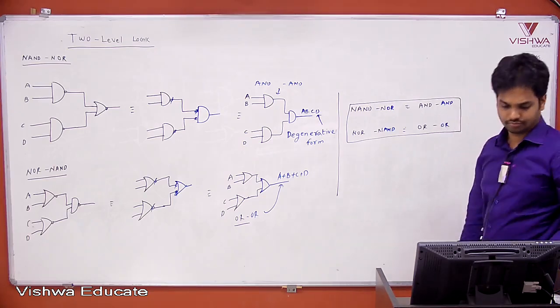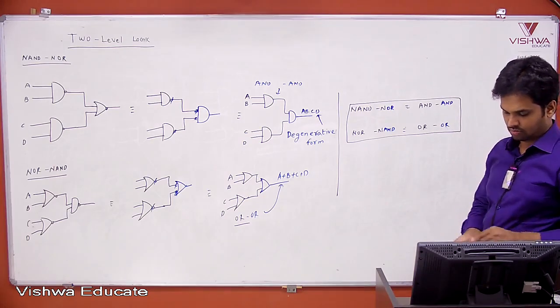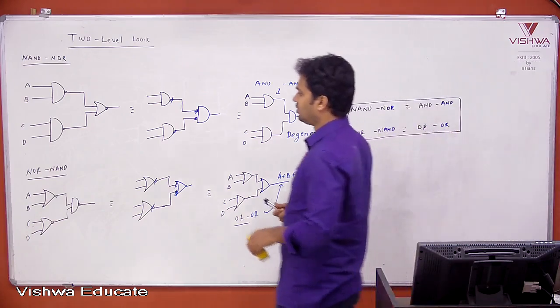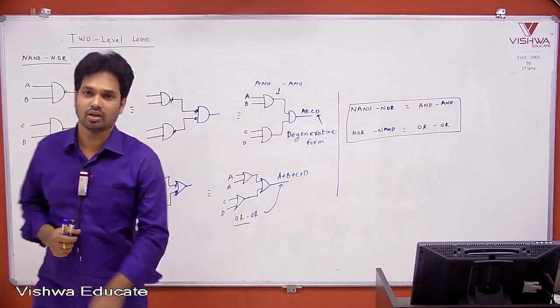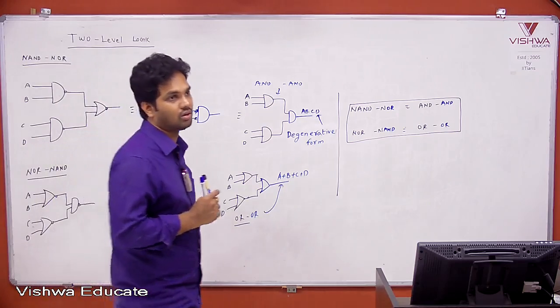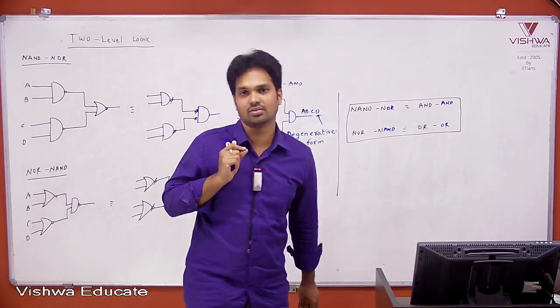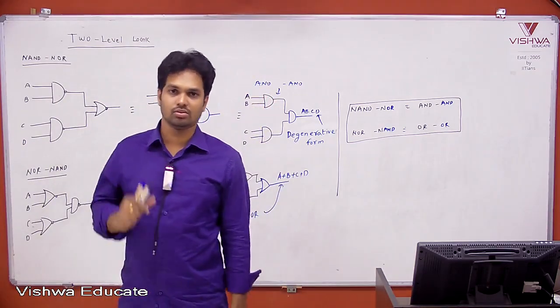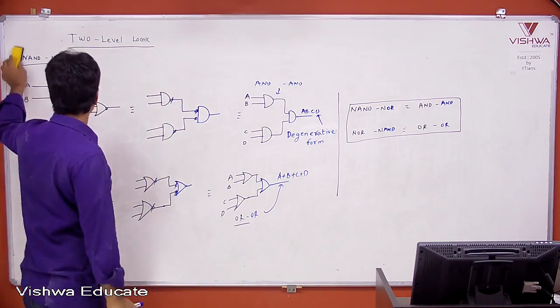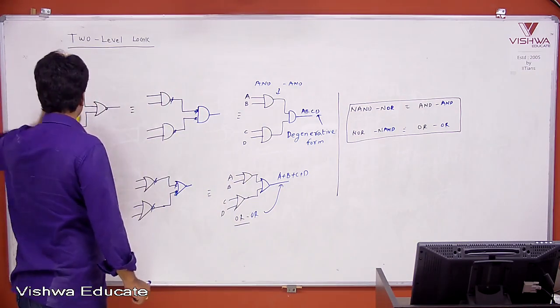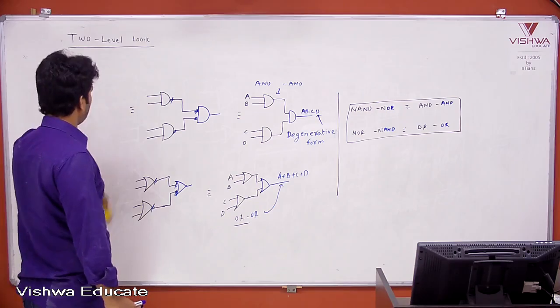Okay. So these are your two-level logic functions: NAND NAND, NAND NOR, NOR NOR, NOR NAND functions. Now let us have one question. Write down.